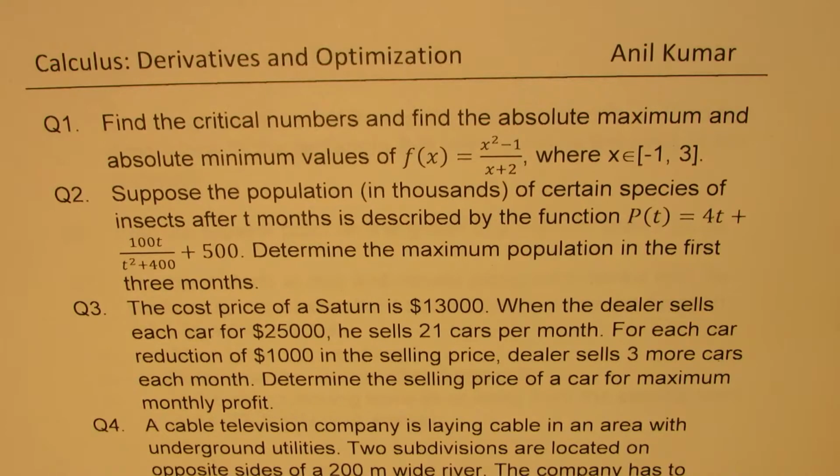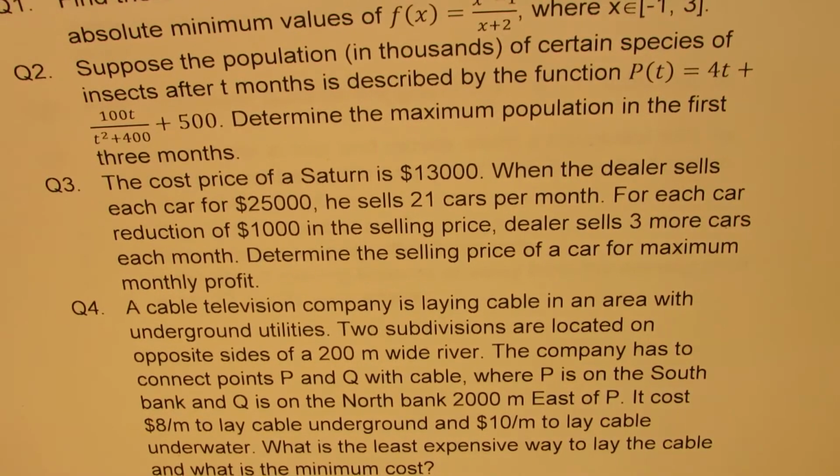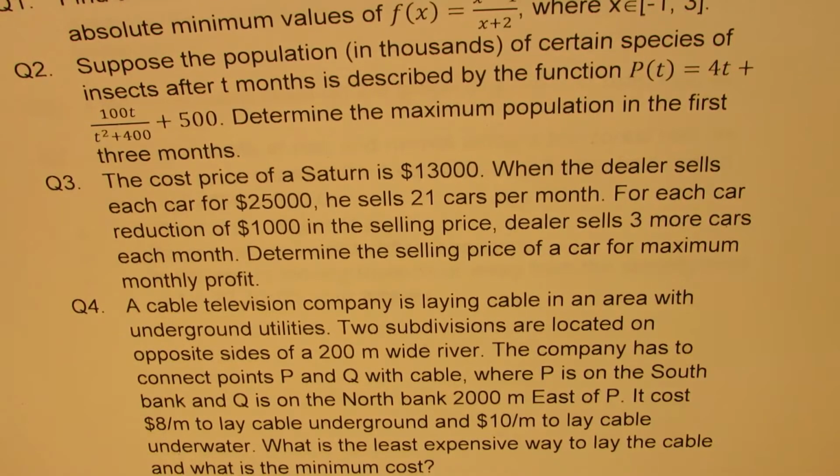Question 4. A cable television company is laying cables in an area with underground utilities. 2 subdivisions are located on opposite sides of a 200-meter wide river.